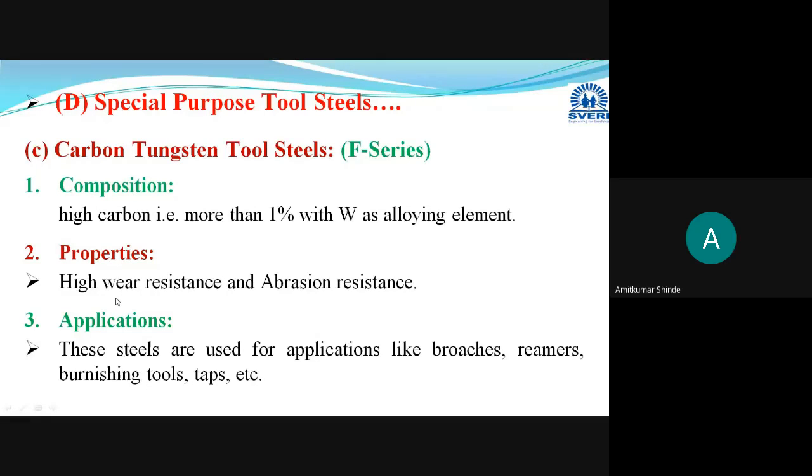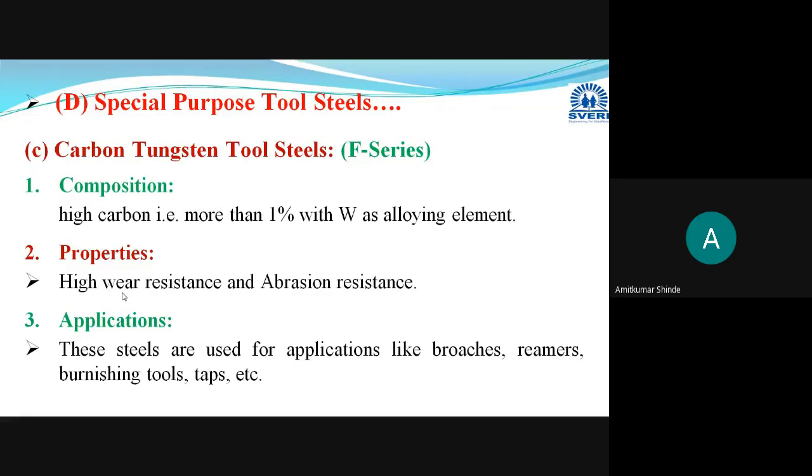Properties will be high wear resistance and high abrasion resistance. The properties will be very similar to those of the low alloy steel. Some applications are for different types of tools, that is, different types of broaches, reamers, burnishing tools, and taps. For manufacturing of these, carbon tungsten tool steels are required.